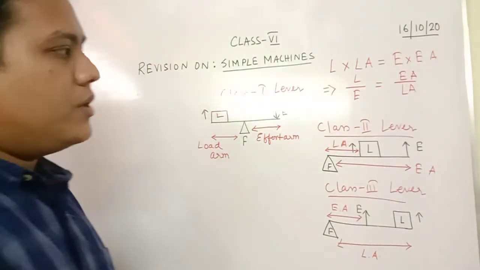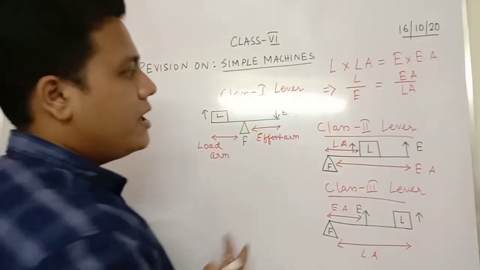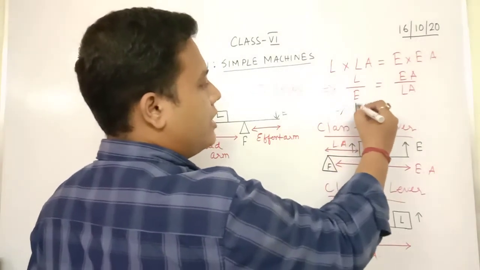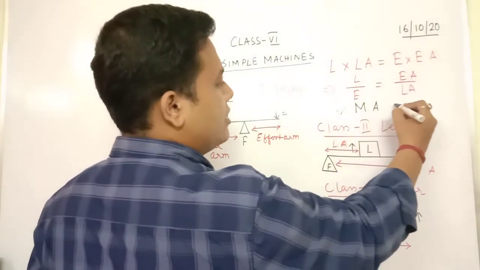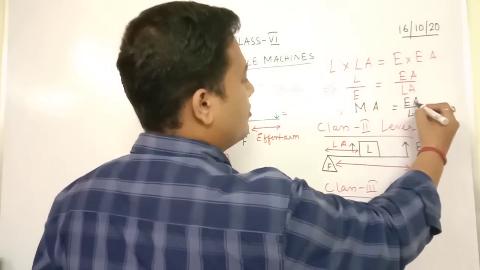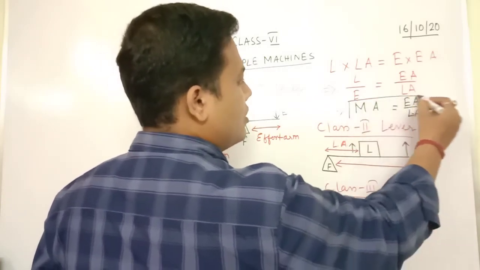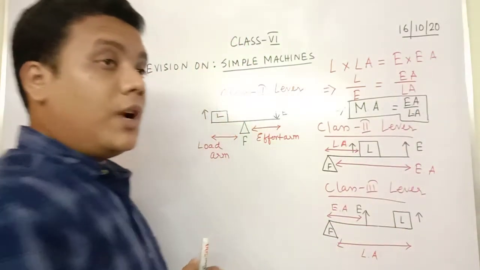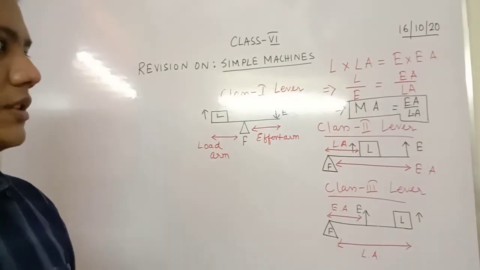And just now we have studied that load by effort is the mechanical advantage, right? So we can write mechanical advantage is equal to effort arm by load arm. So this is another formula for mechanical advantage while using levers.